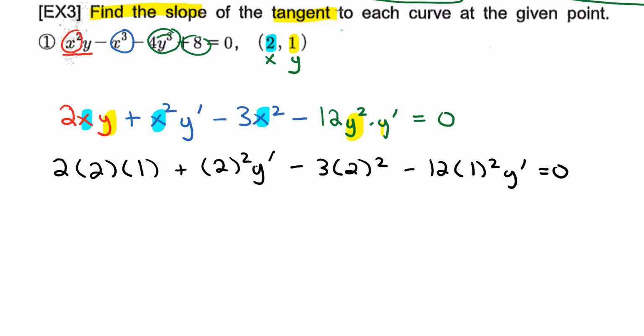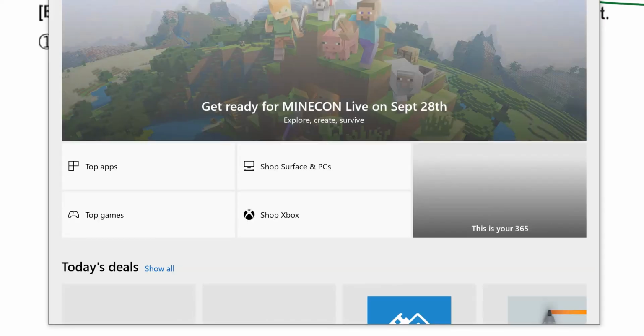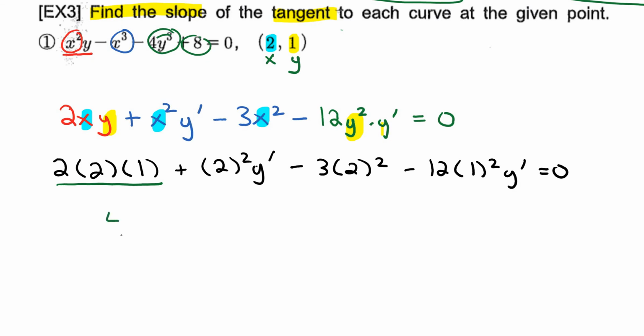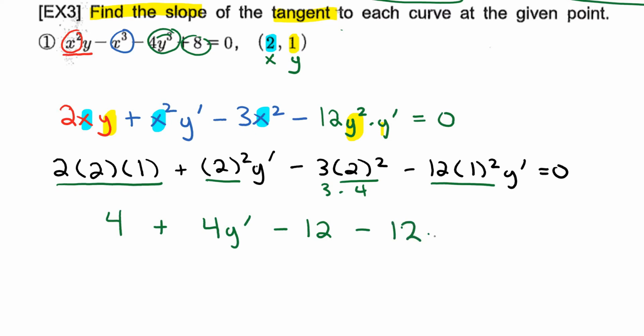And then we can just go ahead and evaluate the numbers here. So 2 times 2 times 1 is going to be 4. All right, so it's 4 plus 4, that's 2 squared is 4, so 4y prime minus, well, 4 times 3 is going to be 12, minus 12 times 1, so 12 times 1 is 12, and then y prime equals 0.